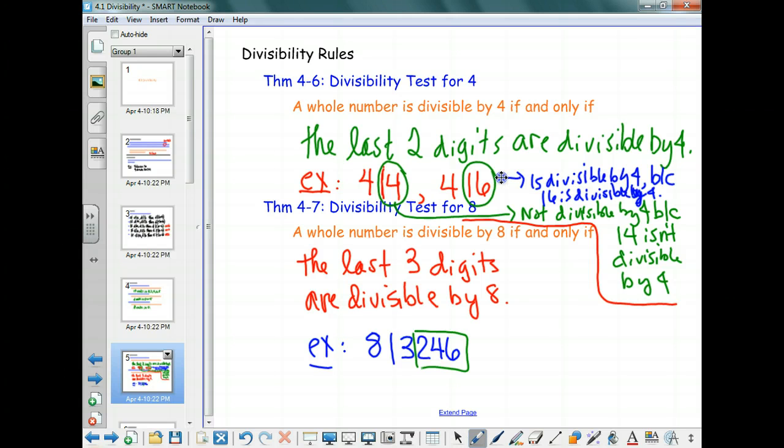Just need to look at the 246. So take 246, it's even, so it stands a shot, right? I mean, we take a chance, it's even. Is it going to work? I think the answer is going to be no, because this isn't even divisible by 4. So this is a no. How do I know it's not divisible by 4? 46 is not divisible by 4, right? If it's not divisible by 4, is it going to be divisible by 8? No, you can't make that work, though. That wouldn't work. Yes, Beth?